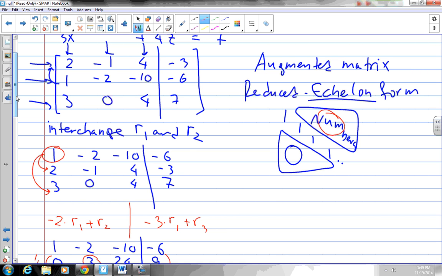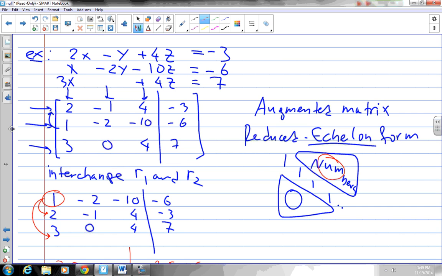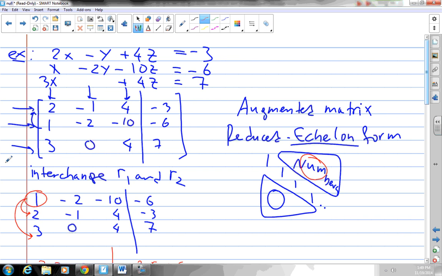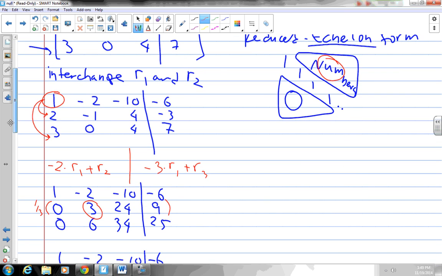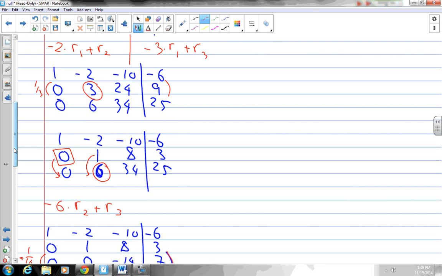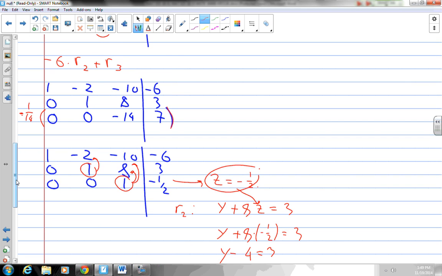See which one is easiest to divide by. So get that one, and then use that one to kill everything below that one. And that's what we did here. Then get another one. Use it to kill everything below. And then get the last one. This process is called Gaussian elimination.